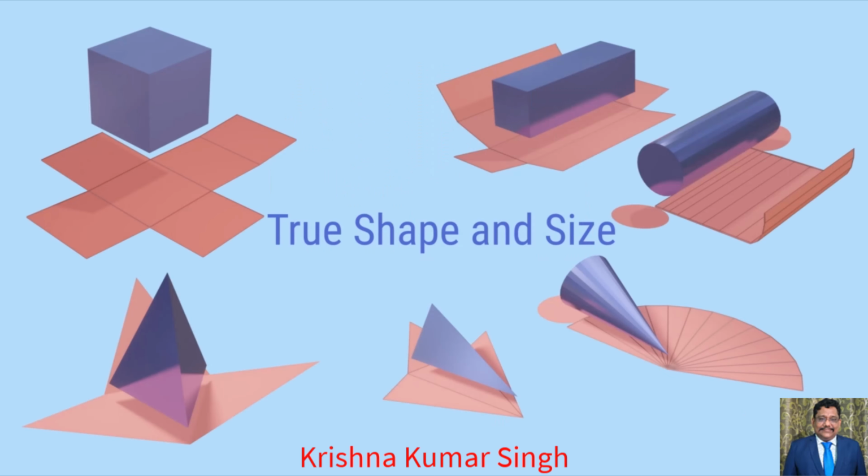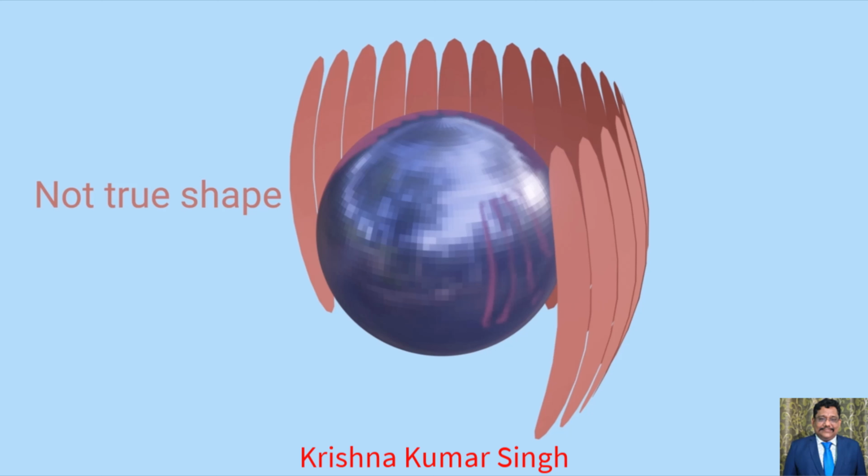Because true development is one in which no stretching or distortion of surfaces occurs and every surface of the development is of the same size and shape as the corresponding surface of the 3D object, like in prisms, pyramids, cones, and other polyhedrons. And in approximate development, stretching and distortion of surfaces occurs in the development of the solid, like in the sphere.